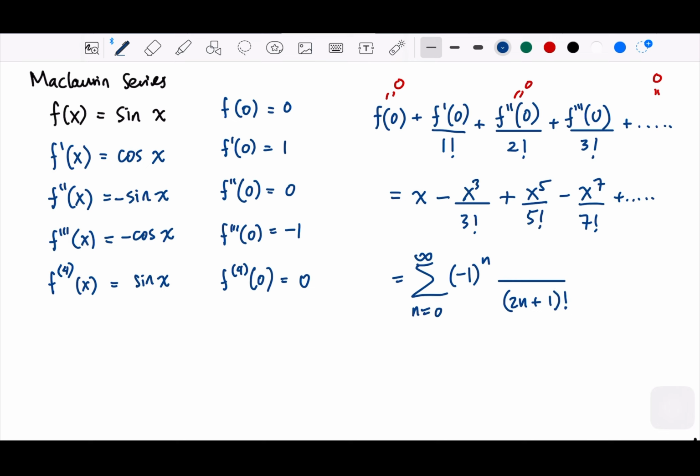So n equals 0 gives 1, n equals 1 gives 3. Because it's 1, 3, 5, 7, odd numbers, right? So x to the 2n plus 1 to make it odd. So we can write sine x as this sum.